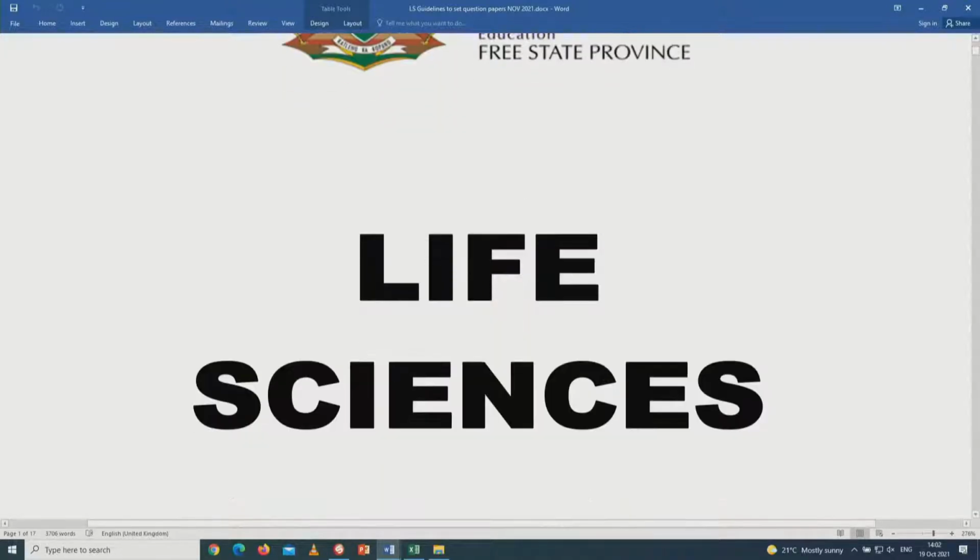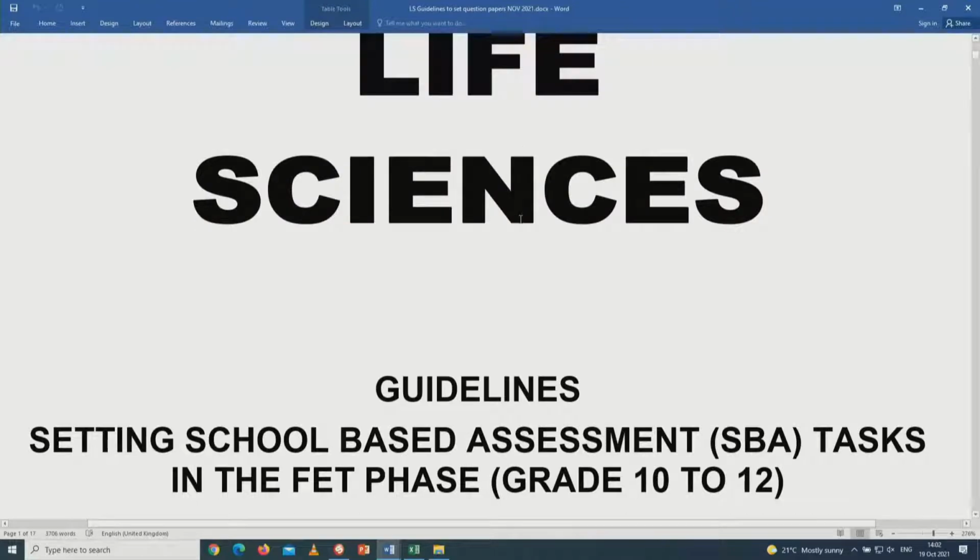First of all, we are going to look at a very short recap of the guidelines in setting school-based assessment tasks in the FET phase, grade 10 to 12, with the emphasis this afternoon on grade 10 and 11. Teachers in the Free State received this guideline when we did the SBA training a year or so ago.